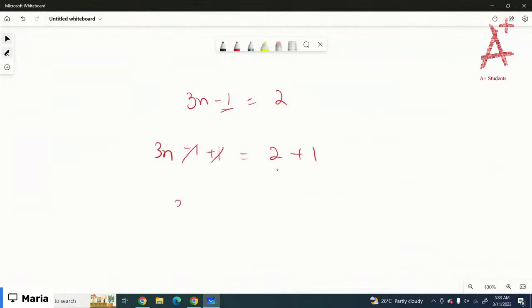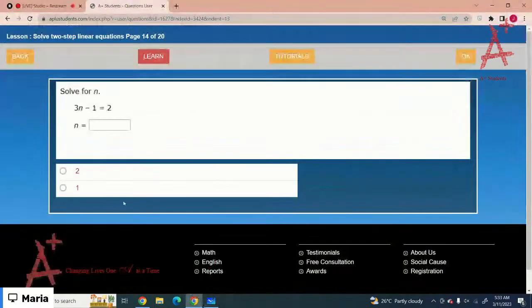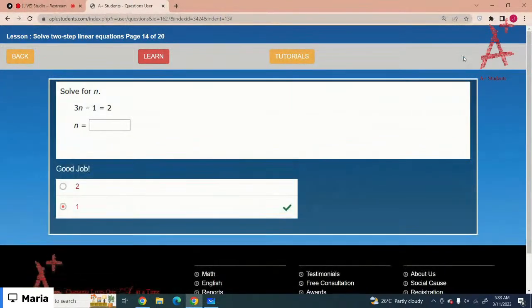Got it? 1 minus 1 is 0. So we're left with 3n equals 3. Just divide both sides by 3. So we are left with n equals 1. So the correct option is n equals 1. Just select the correct option and click on the OK button.